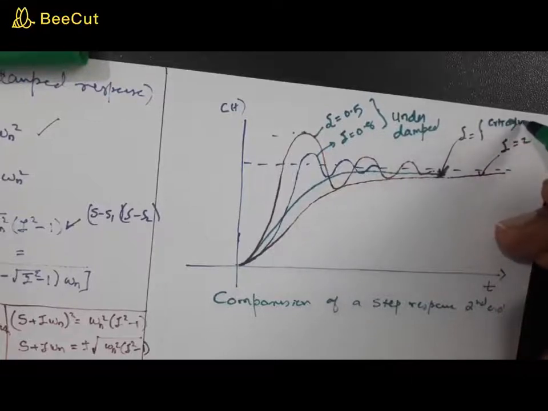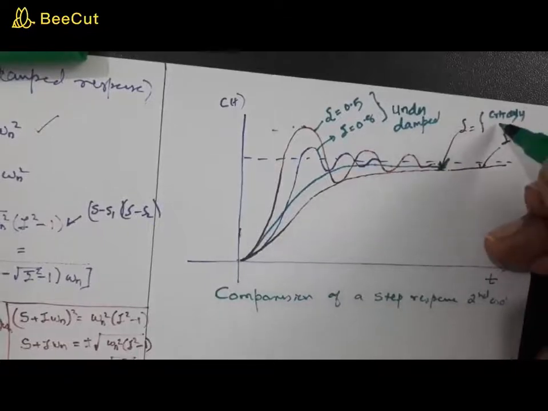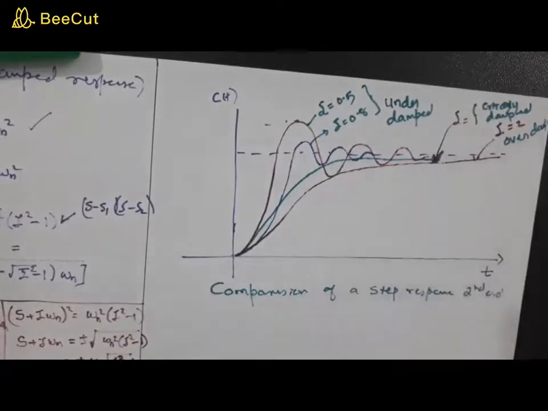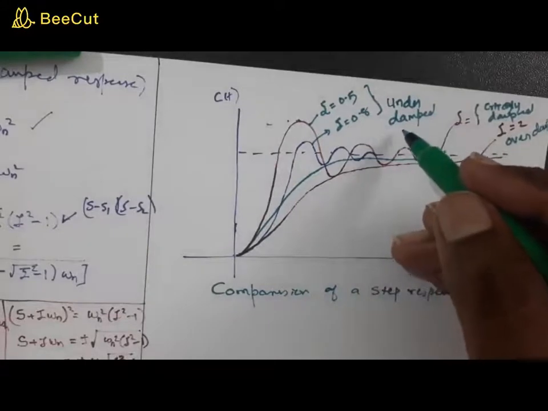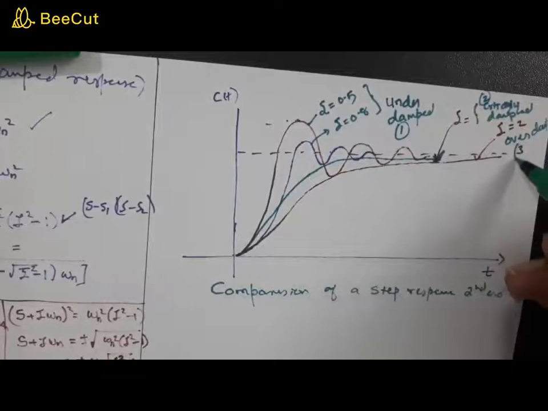And since theta is greater than 1, as with theta equal to 2, we call it the over damped condition. So we have seen 3 cases: number 1 is the under damped condition, number 2 is the critically damped, number 3 is the over damped.